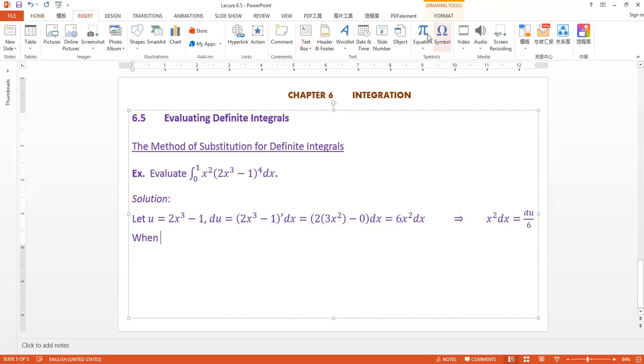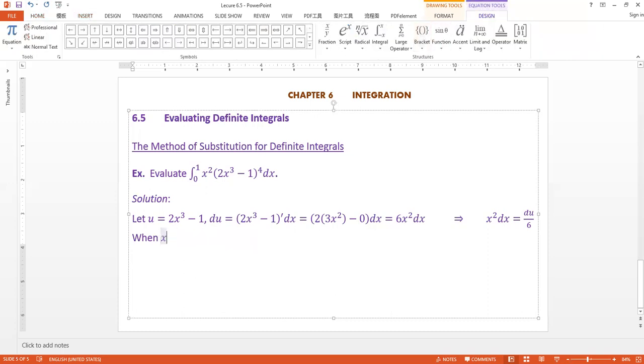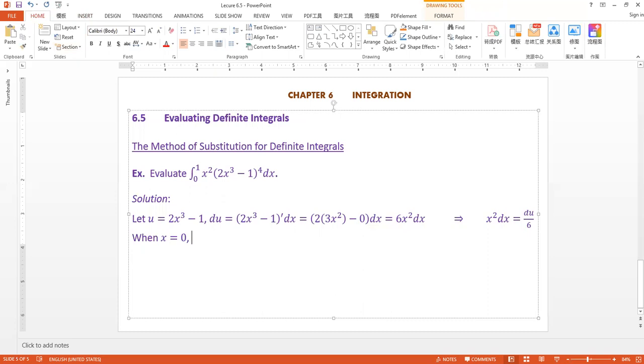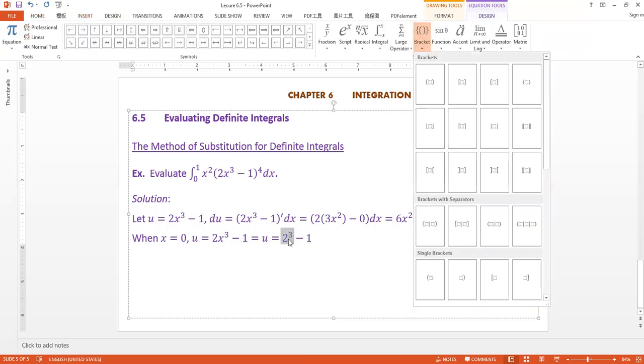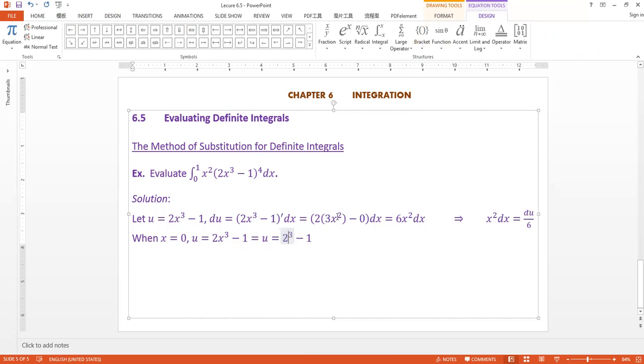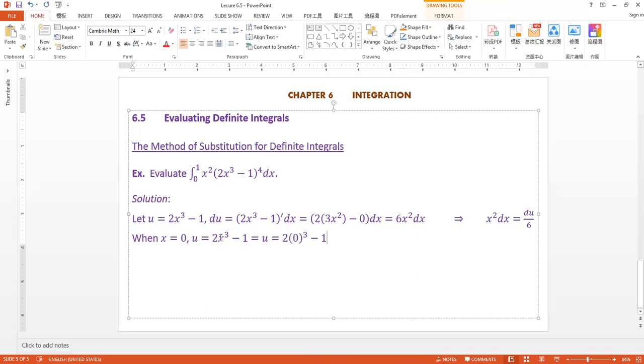So when x is equal to 0, remember 0 is the lower limit of integration for the original definite integral, what is u? You just plug in 0 for x and evaluate.